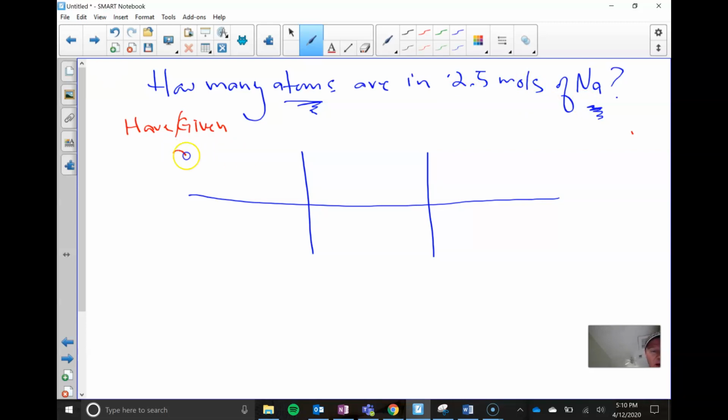I'm going to write all of that information because it's extremely important. 2.5 moles of sodium. All right, that's the information that I'm given. And over here in the upper right section, it's not really a quadrant because there's more than 4, but this is where I put the information that I need. So the problem asks for how many atoms.